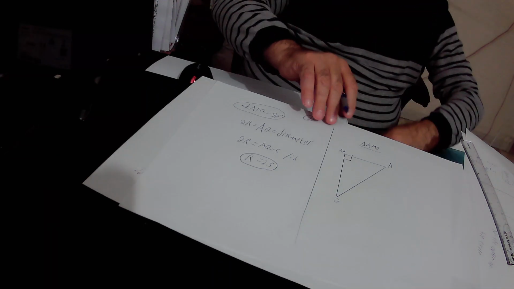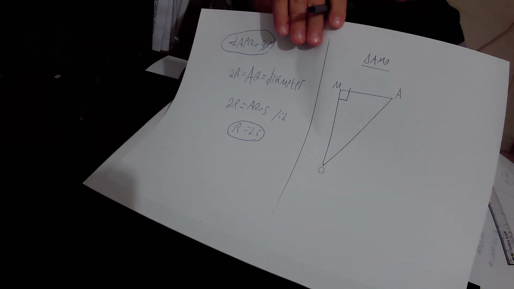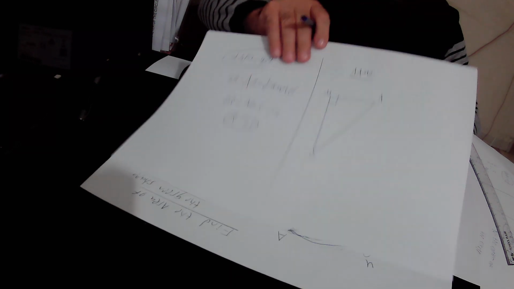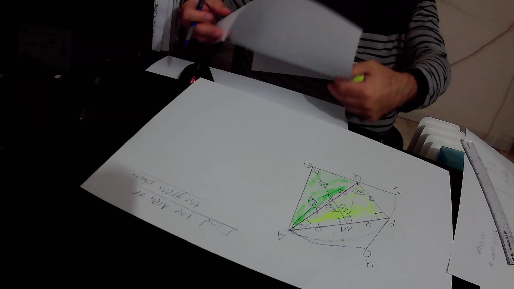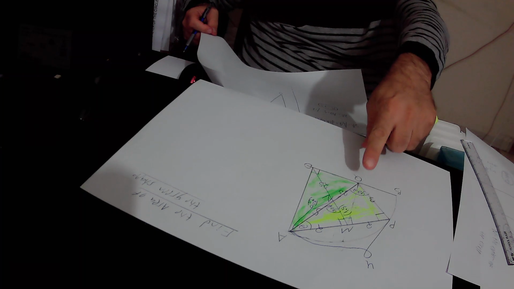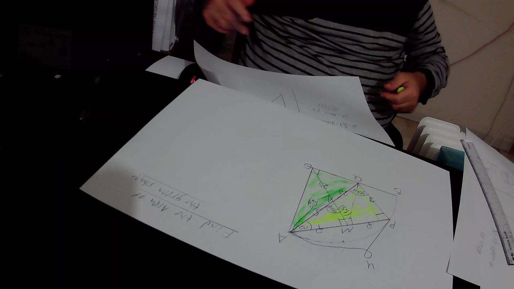This is a copy from the original drawing. So here MO equals 1.5 plus 2.5, that is 4.